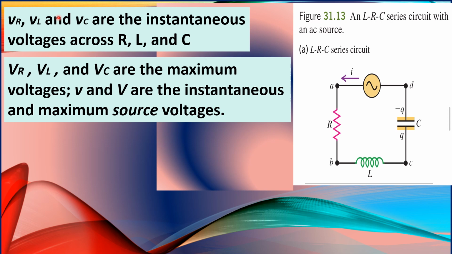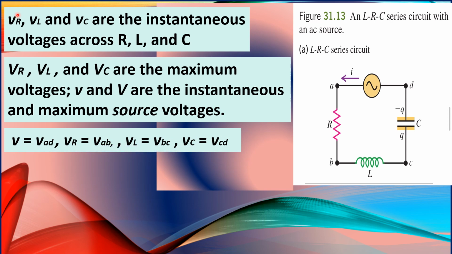Referring to the circuit diagram, we also denote the following instantaneous voltages. Small v means the instantaneous voltage across points AD, which is across the source.